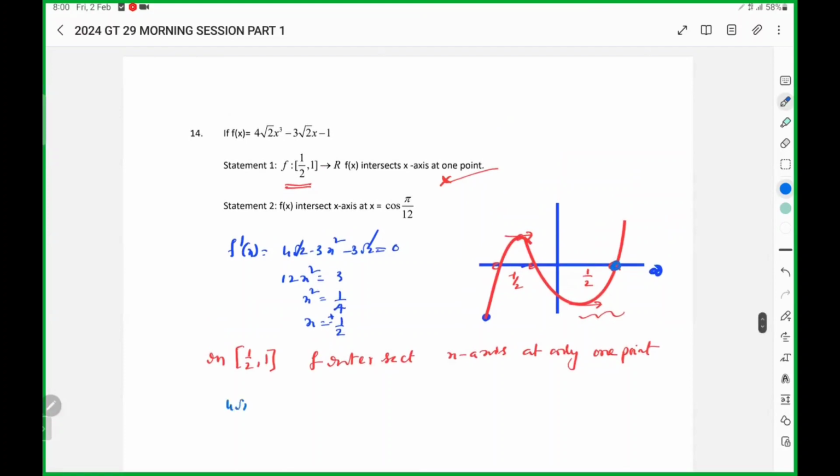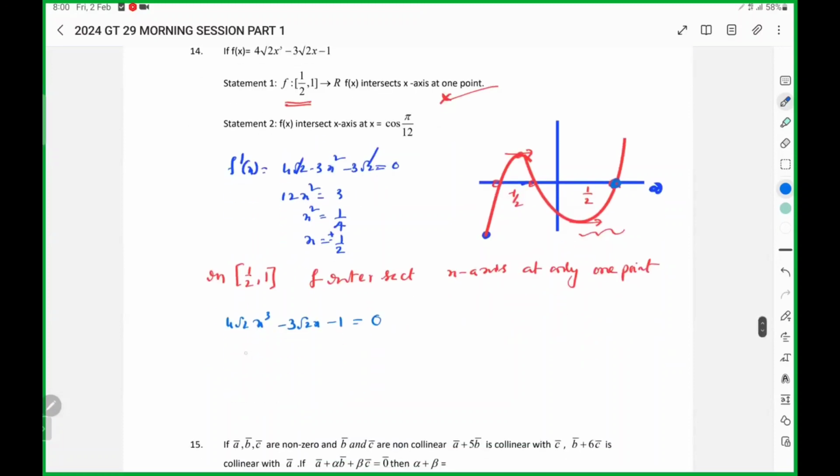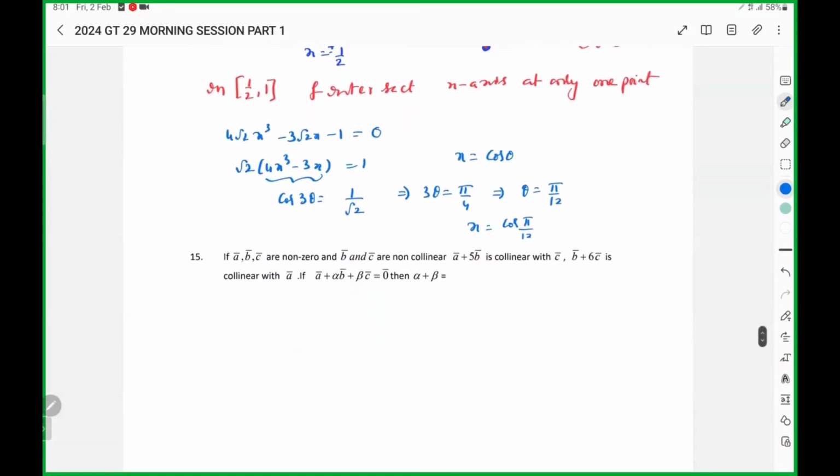So that means 4 root 2 x cube minus 3 root 2 x, you should make 0. You take root 2 common, put x as cos theta, it is cos 3 theta is 1 by root 2, 3 theta is pi by 4. And the solution is this. So statement 1 and statement 2 are correct.